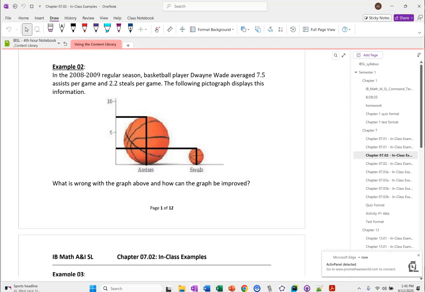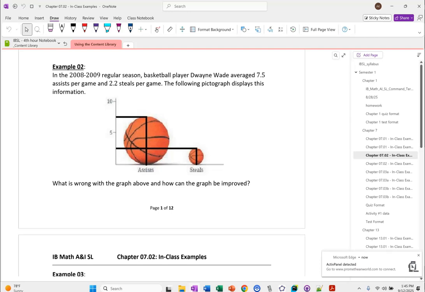Okay. The scale, what's wrong with the scale, Mia? It's not numbered properly. I see 5 and 10 look like they're equally spaced. It's not lined up with the lines. Yeah. Not lined up with the lines.